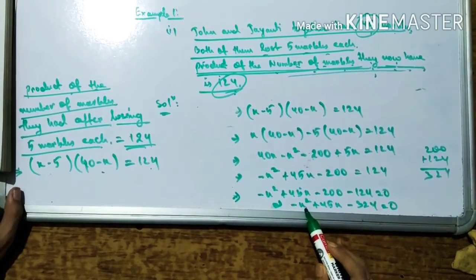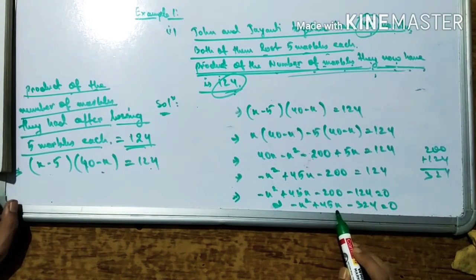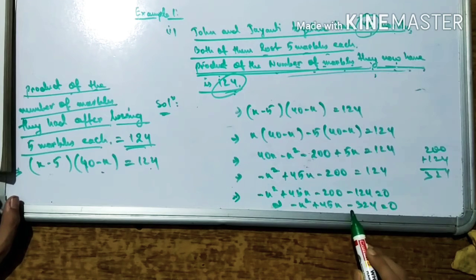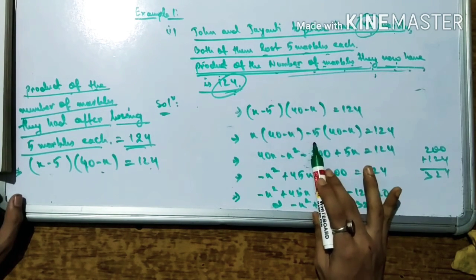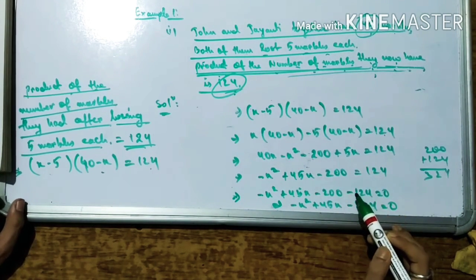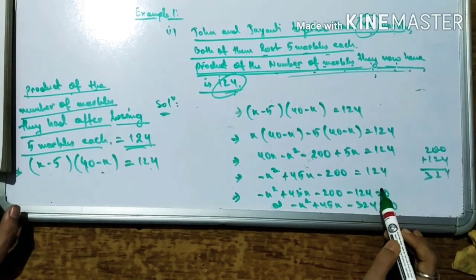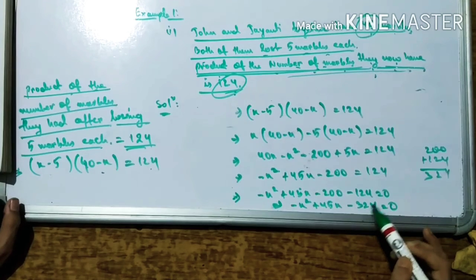Yes, minus x square, this implies minus x square plus 45x, this is in here, x minus 5, minus 200.